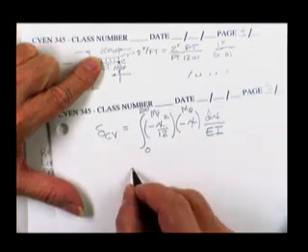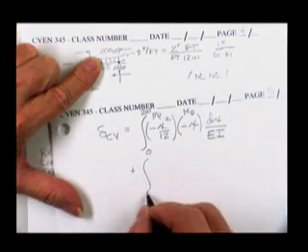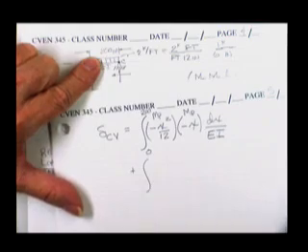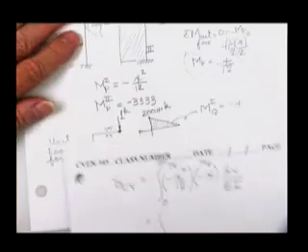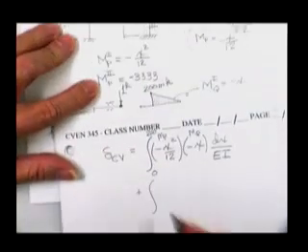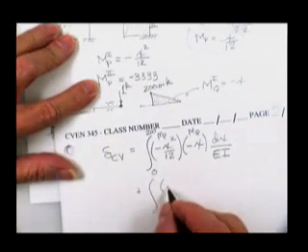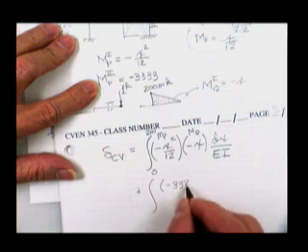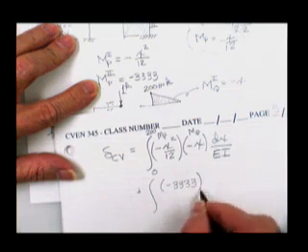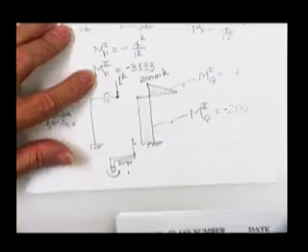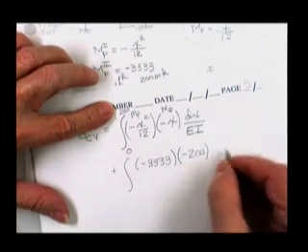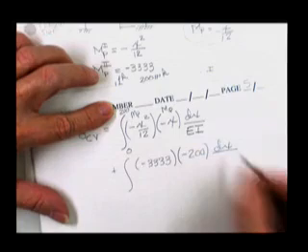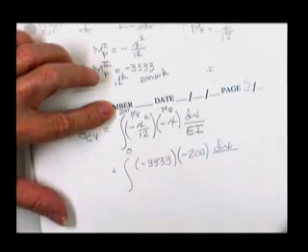Plus the integral in region 2. In region 2, the real moment is minus 3333. And the moment is minus 200. And that's times dx over a generic EI.